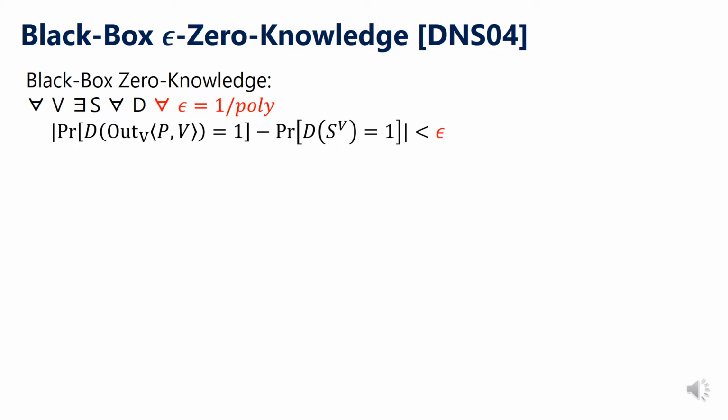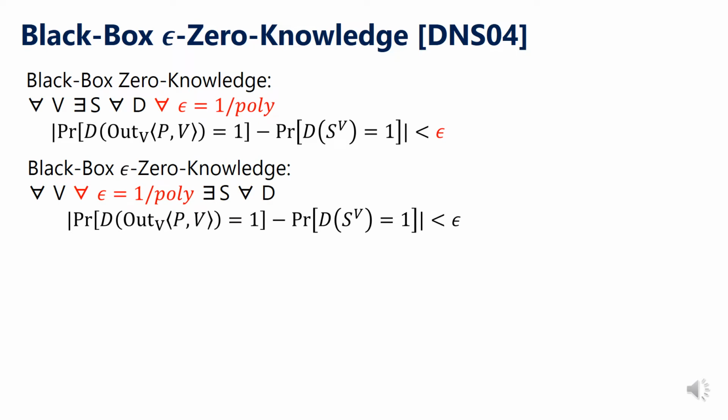So this is just based on the definition of the negligible function. And epsilon zero-knowledge is a variant where the order of quantifiers is a little bit swapped. That is, the epsilon comes before the simulator. This means that the simulator can depend on epsilon, and so this slightly weakens the requirement of zero-knowledge.